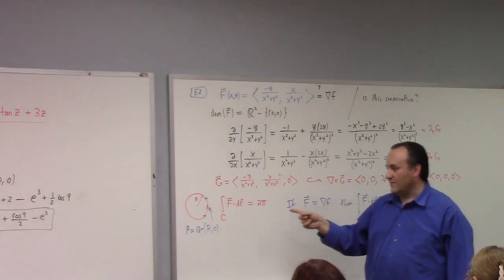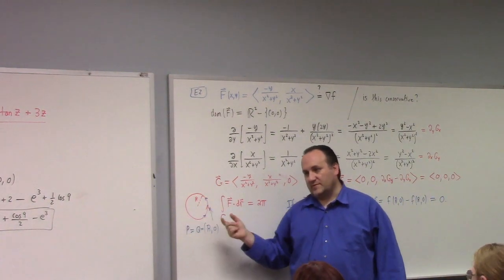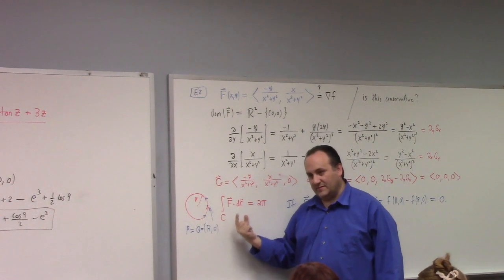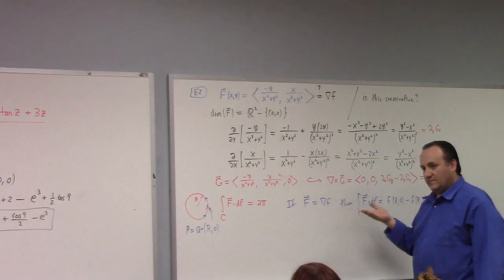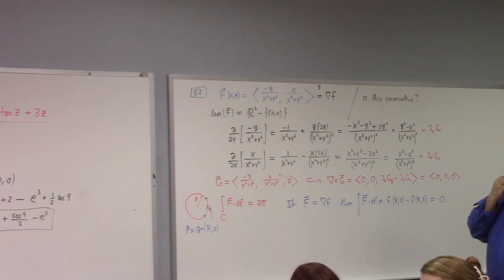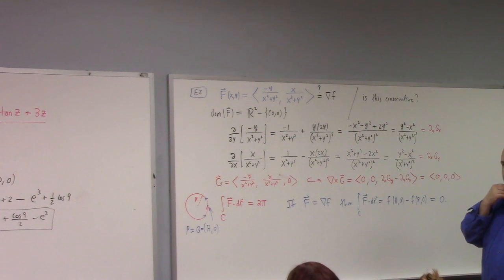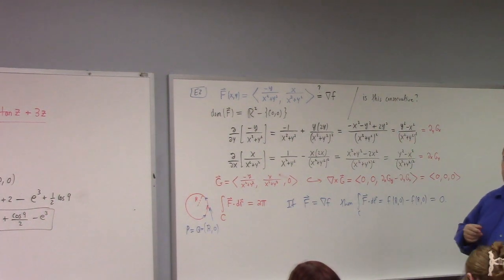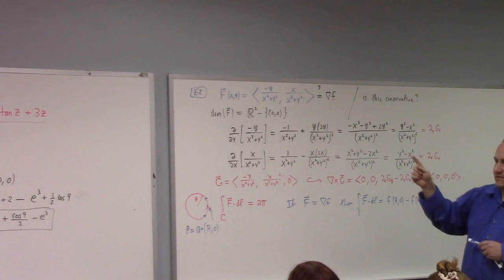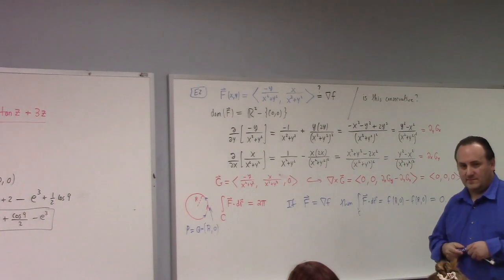If the integral around a closed loop is non-zero, that vector field cannot be conservative because of this proof by contradiction. What's the rub? Why can't we find a potential function here? Can I explain it? What integrates to 2 pi when you go around a circle?